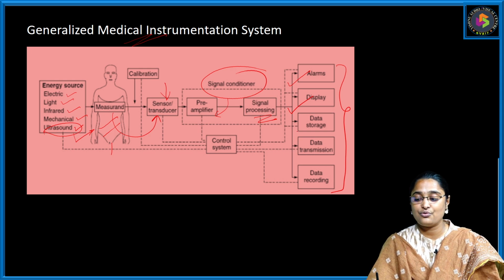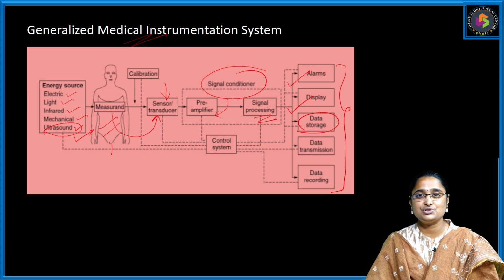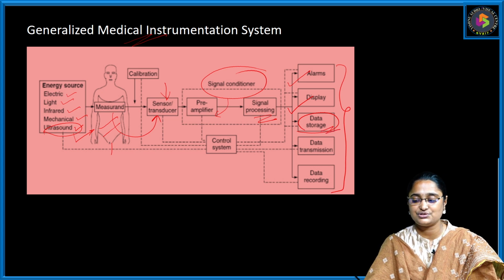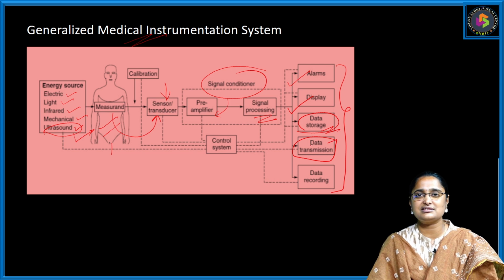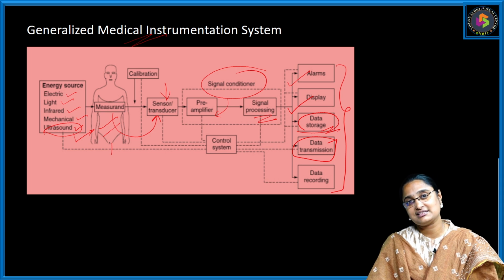Or else we can go for data storage, where we store the data for future reference. Sometimes we go for data transmission, like satellite communication or PACS in the hospital, or we can go for data recording.